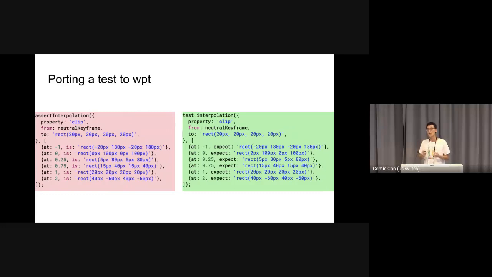I mean test underscore interpolation is the function name where the test script accepts. And then in each test time, like at -1, at 1, instead of saying is the expected value, I changed it to expect the expected value. And that's all. That's really what I did to port a test from non-WPT to WPT.